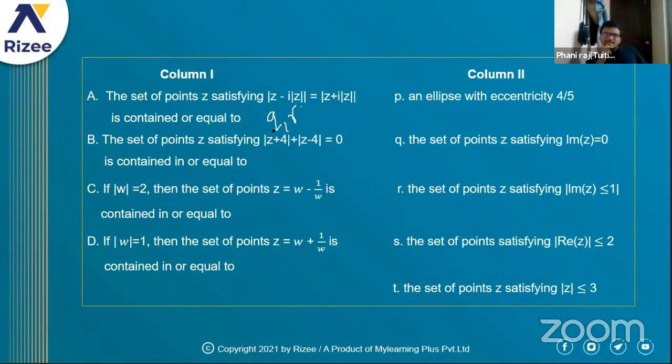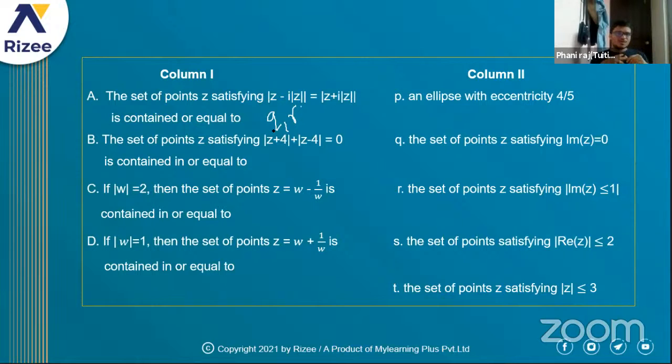Set of all points z satisfying mod z plus 4 plus mod z minus 4 equal to 0. Hmm, this gives z equal to plus or minus 4. No points, right? Okay, but we know this, ellipse, it's also in the intermediate syllabus for CBSE.